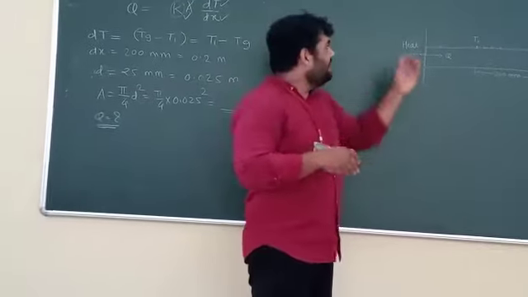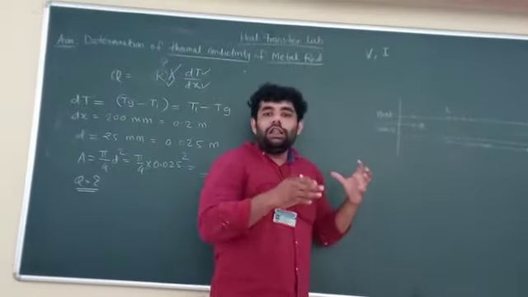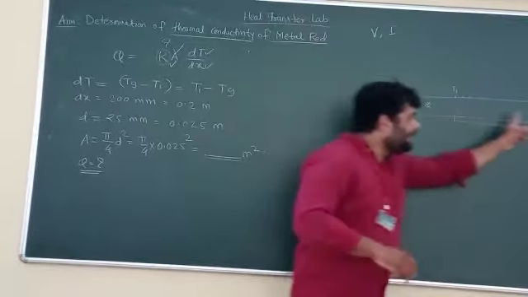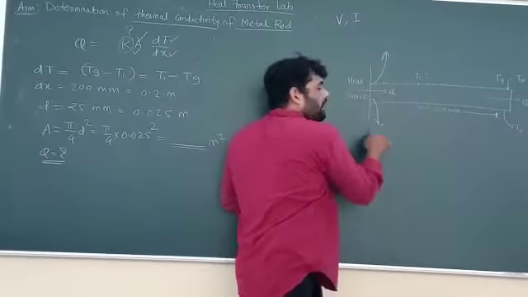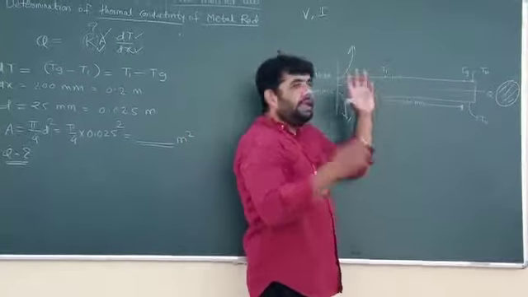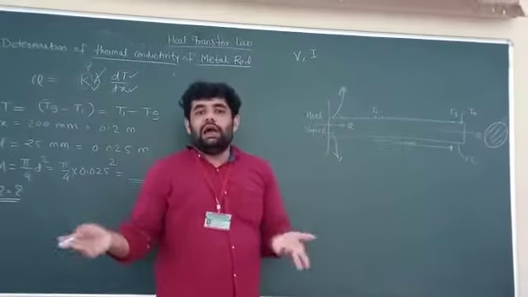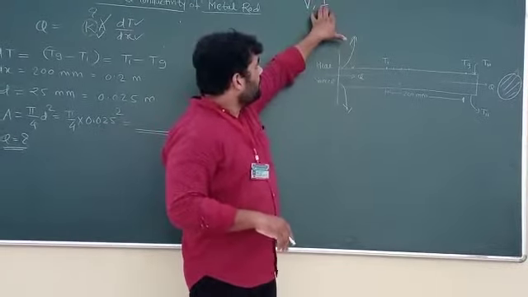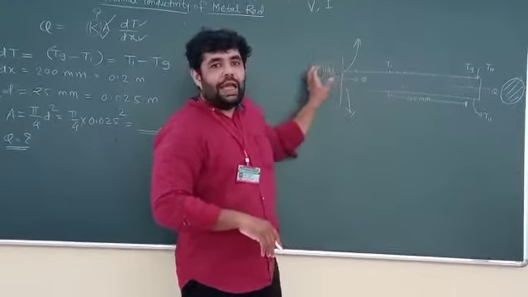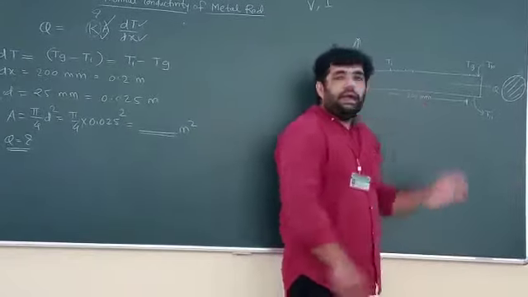But not all of the heat generated by the heater is conducted through the rod. Some of the heat may be radiated in the outward direction. Some of the heat may go to the insulation and be convected to the surrounding. So this particular heat we can't take as the heat carried by conduction.